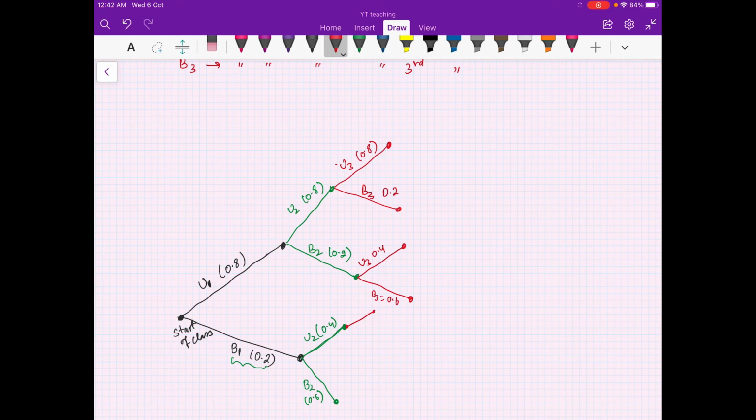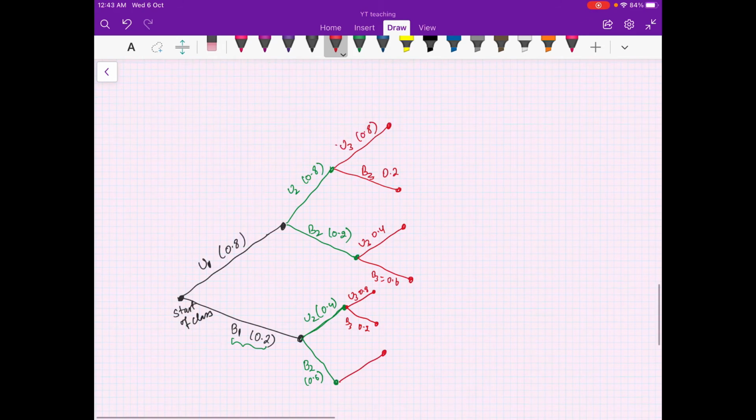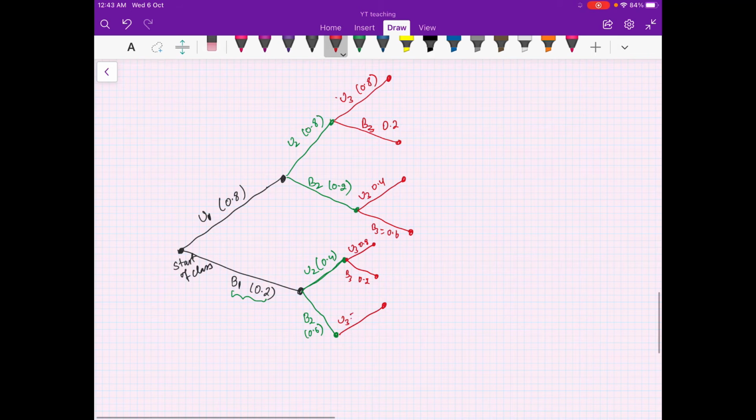And here also she can be up to date or behind. So this is your U3, and the probability is 0.8. And here she is behind and the probability is 0.2. And here also she can be up to date, that is U3, and the probability is 0.4, or she can be behind, that is B3, the probability is 0.6.